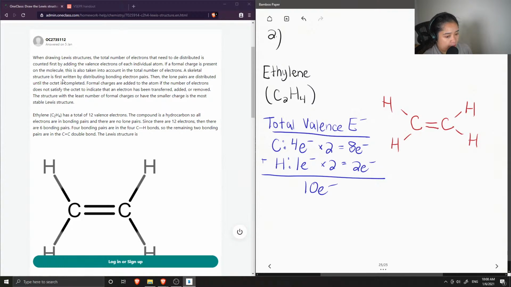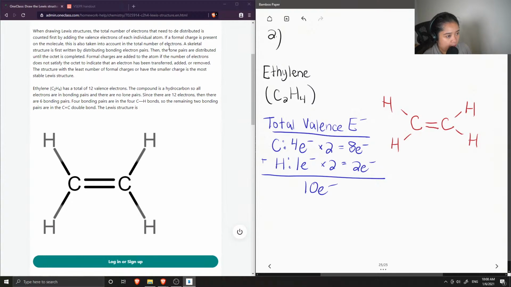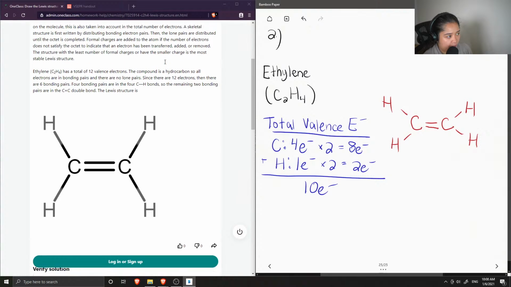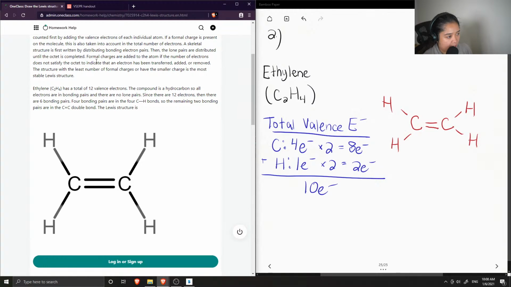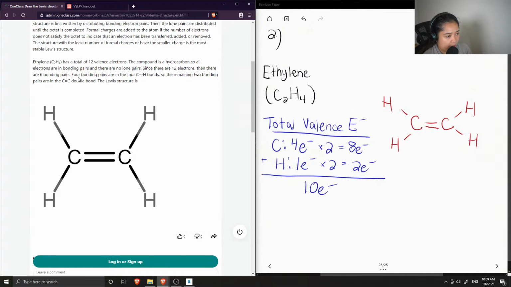A skeletal structure is written first by distributing bonding electron pairs. Then the lone pairs are distributed until the octet is completed. Formal charges are added to the atom if the number of electrons does not satisfy the octet, to indicate that an electron has been transferred, added, or removed. Structure with the least number of formal charges or the smaller charge is the most stable Lewis structure.